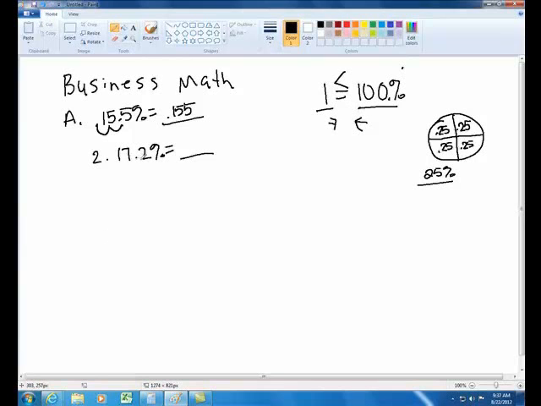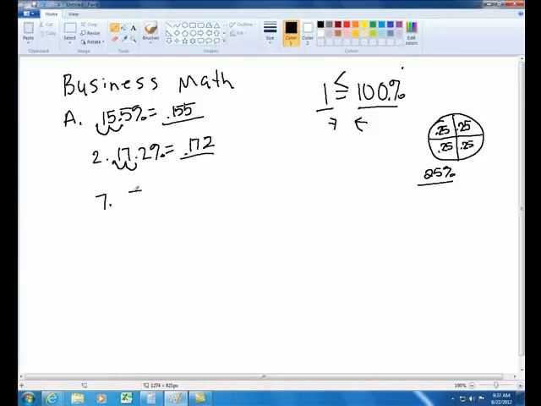So I come down and move 1, 2 places to the left. That makes my answer 0.172.